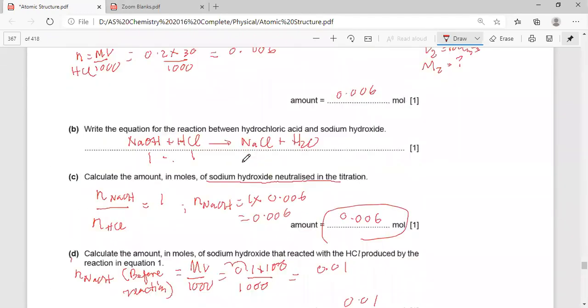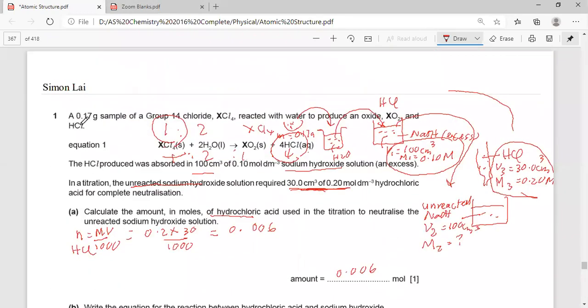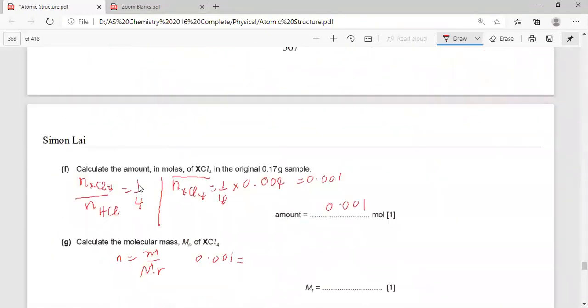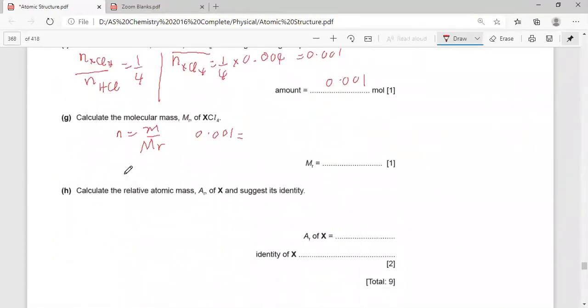You can look up here, they tell you 0.17. So here will be 0.17 over Mr. So what's Mr equal to? 0.17 divided by 0.001, which equals 170.